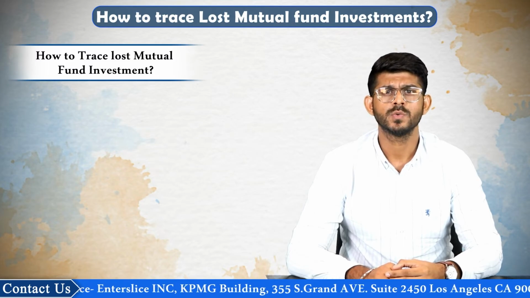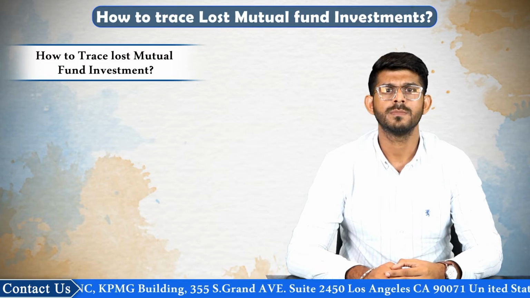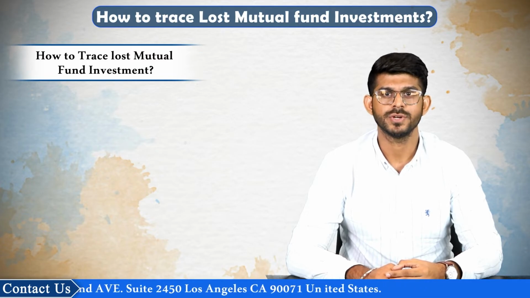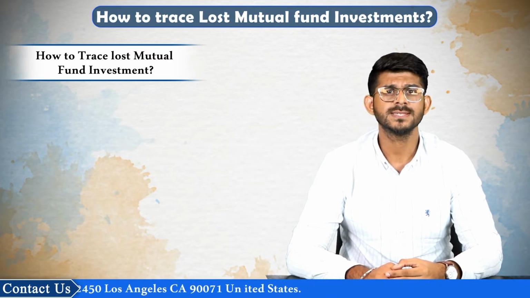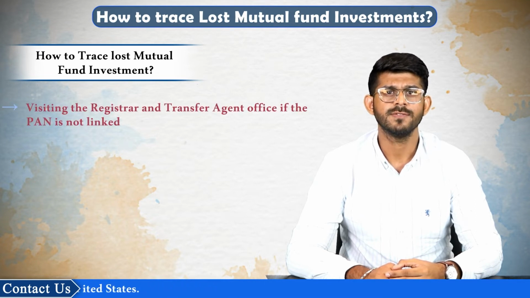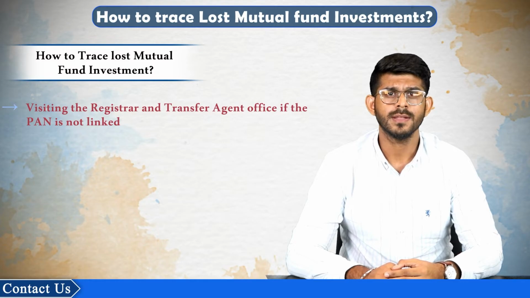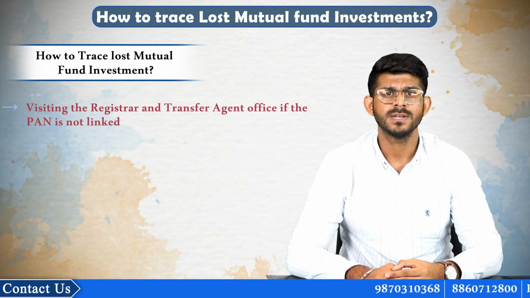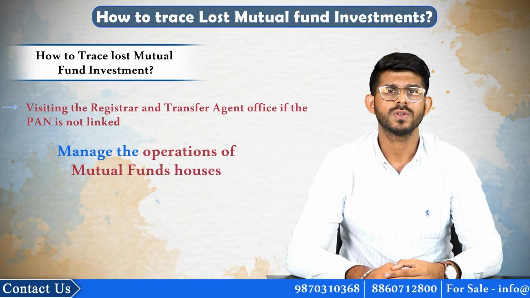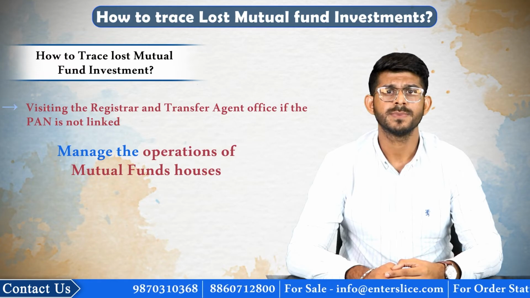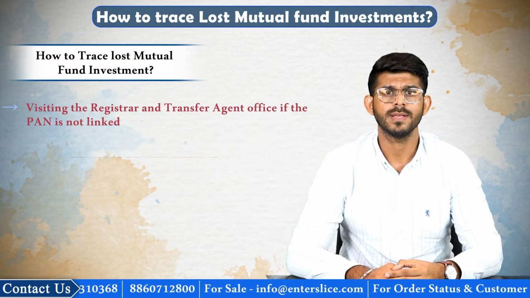There are ways through which we can still retrieve the folio number of lost mutual funds and redeem them at the time of maturity. The first way is visiting the registrar and transfer agent office if the PAN is not linked. The RTA, or registrar and transfer agent, are the companies that manage the operations of mutual fund houses. The investors can recover their lost mutual fund investment by making an application to the RTA.